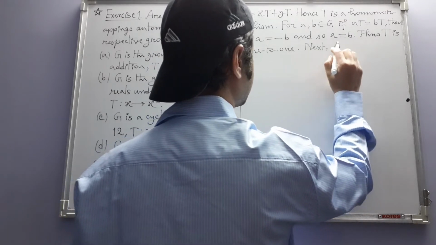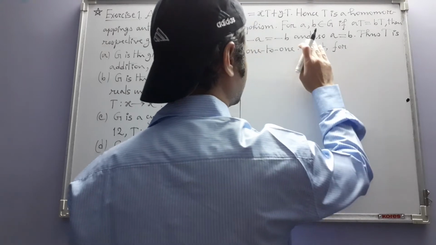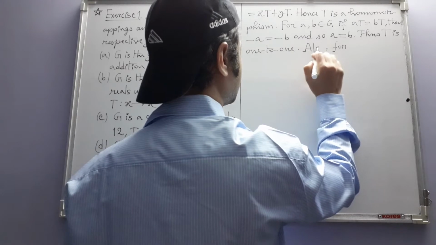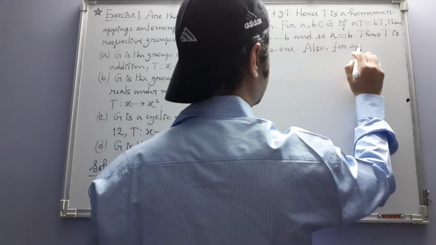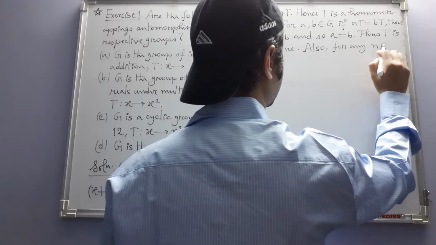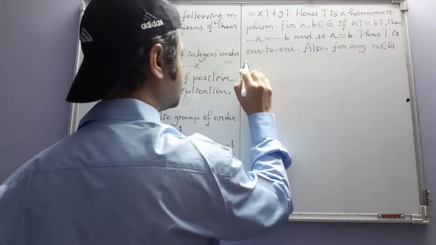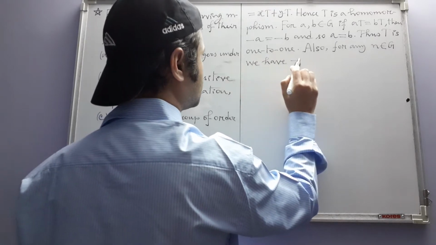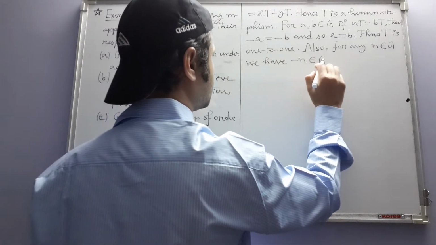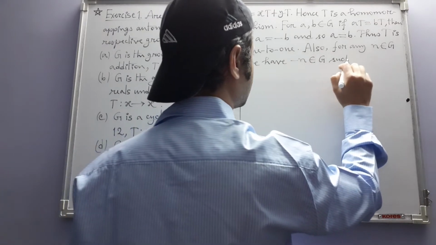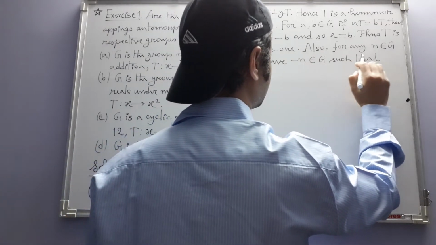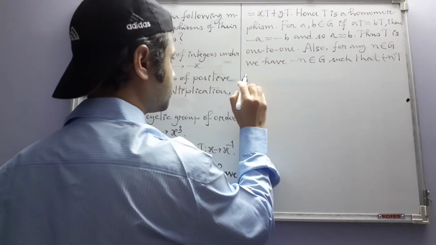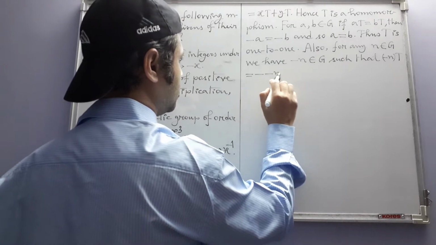Next, we can write also, for any integer n, we have the integer minus n such that the t image of minus n is n.